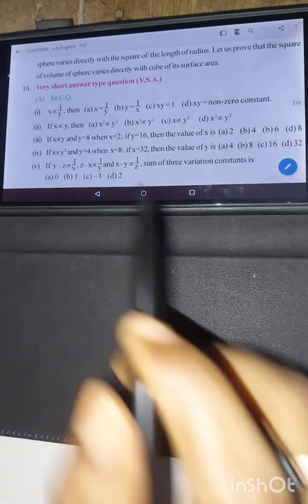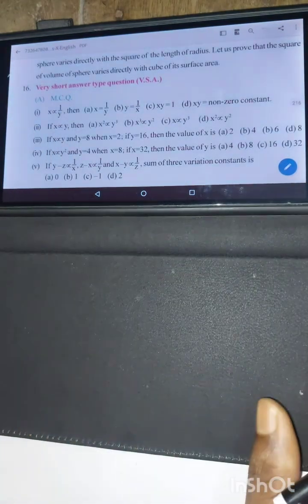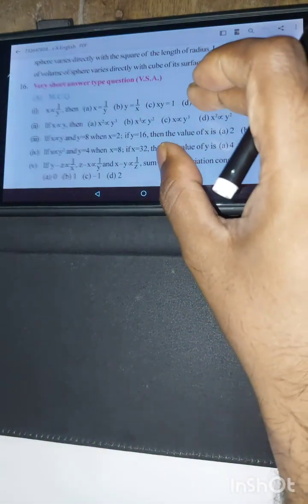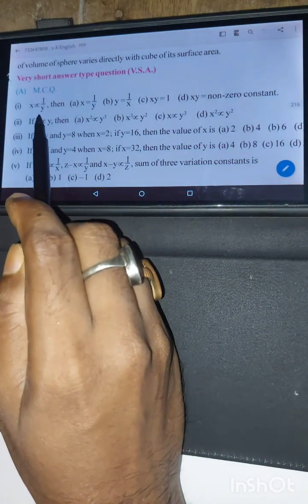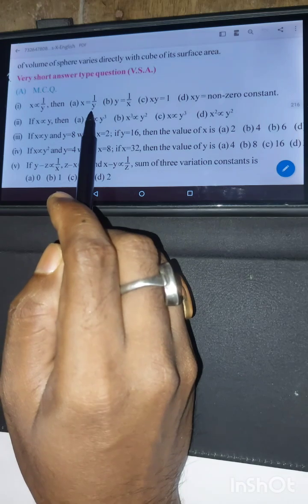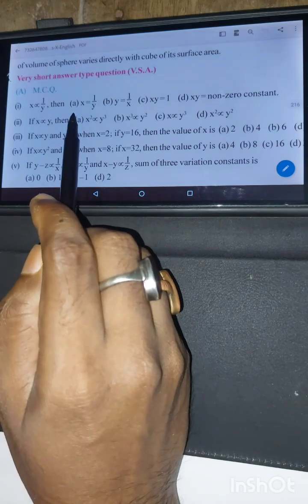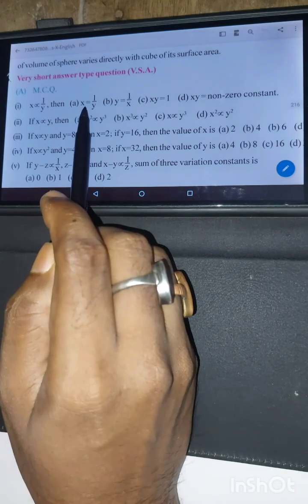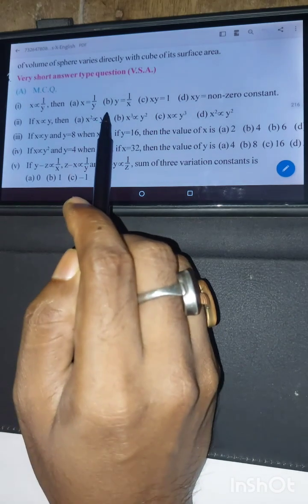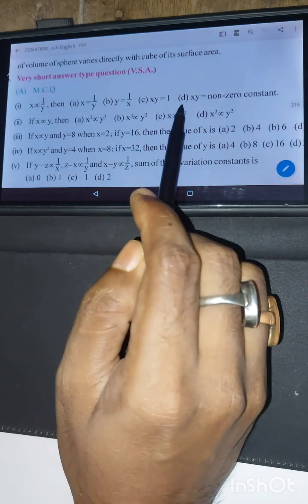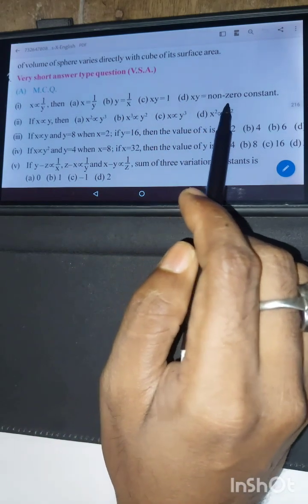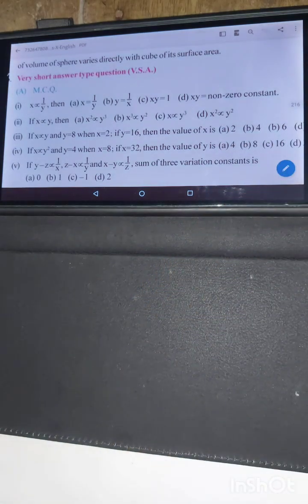It says x varies as 1 by y. Then A, x equal to 1 by y. B, y equal to 1 by x. C, xy equal to 1. D, xy equal to non-zero constant.